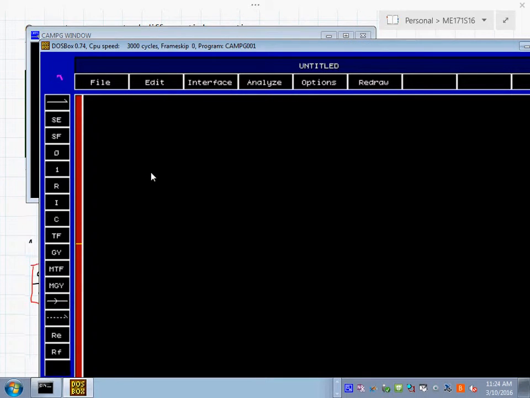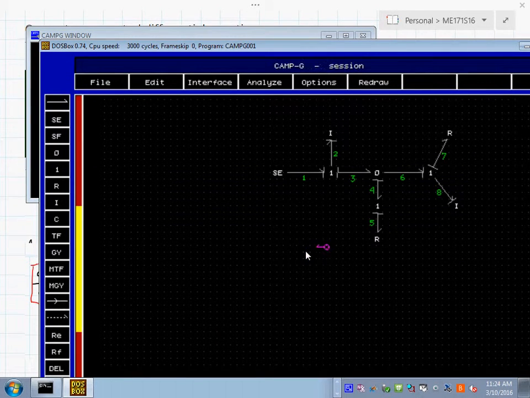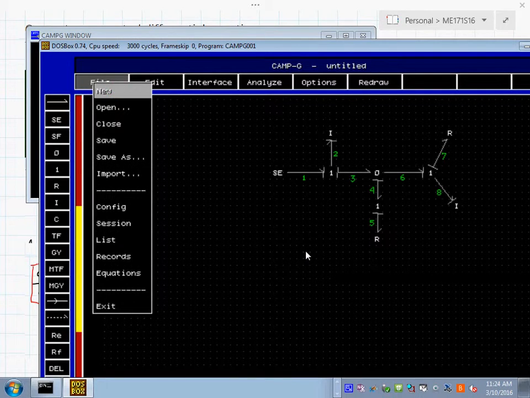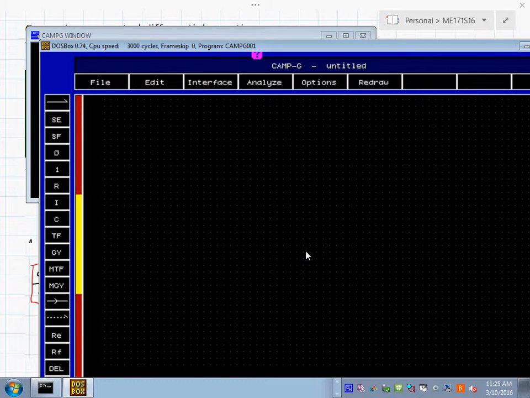We need to produce a new model here, and I'm going to move this a little farther down in here, and I would like to keep the bond graph model here on top or close to in view, is what I'm trying to say.